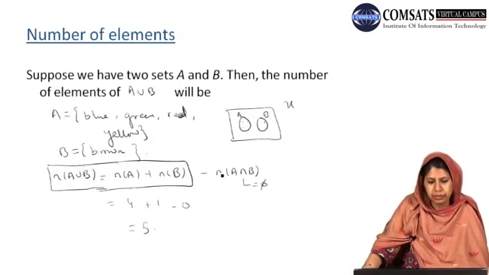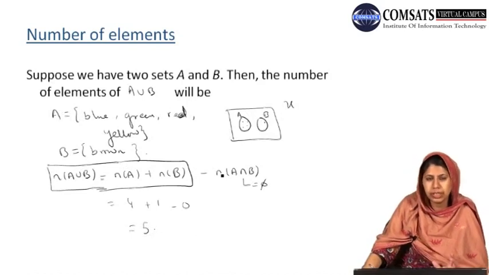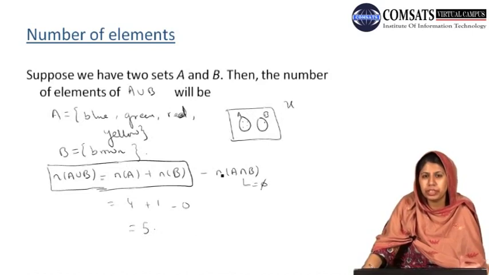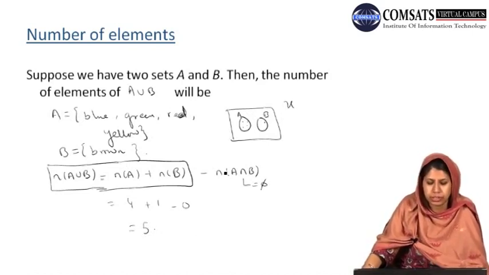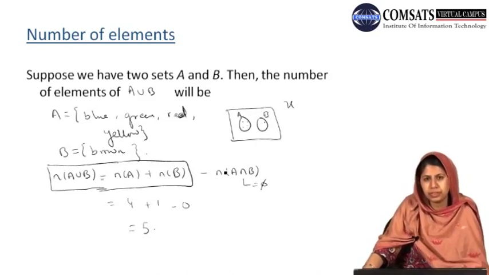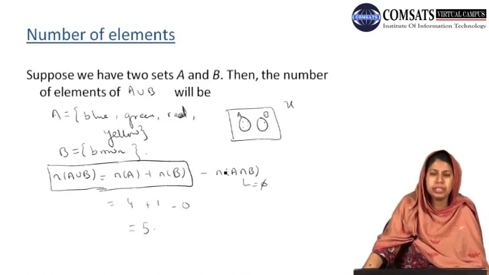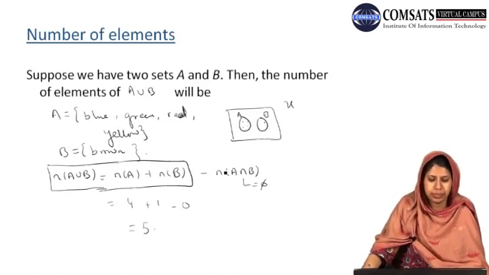Now we have studied how we can calculate the number of elements when we are considering union as our set operation. This calculation will help us in our later lectures of this chapter when we will be dealing with the probability theory.